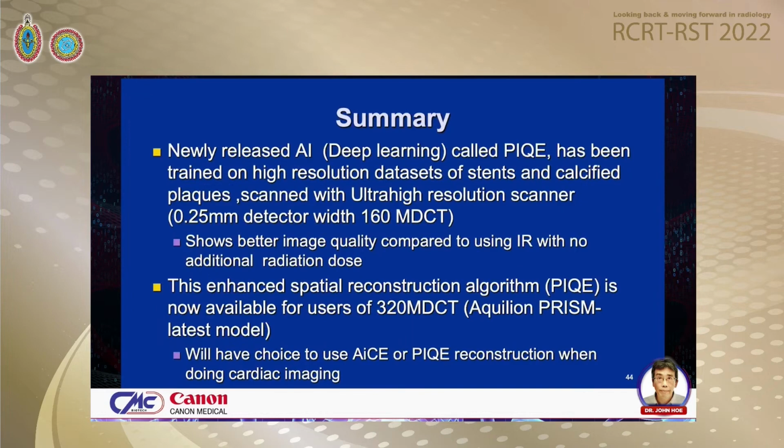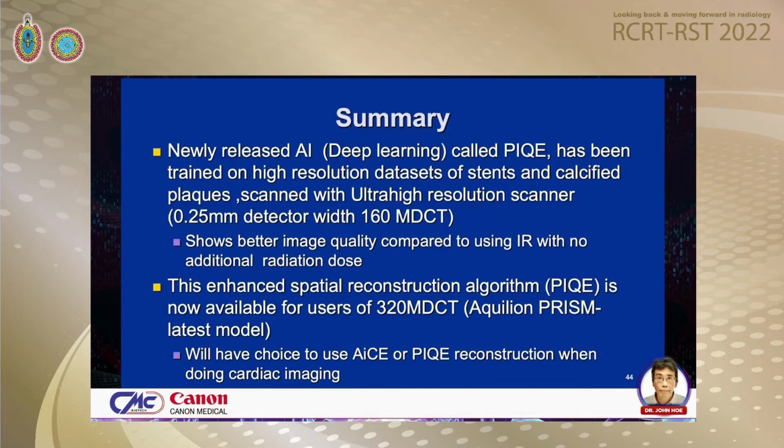So, in summary, the newly released AI deep learning software or algorithm called PEAK has been trained on high-resolution data sets of stents and calcified plaques scanned with the ultra-high resolution scanner, which has 0.25 mm detector width. It shows better image quality compared to using iterative reconstruction with no additional radiation dose.